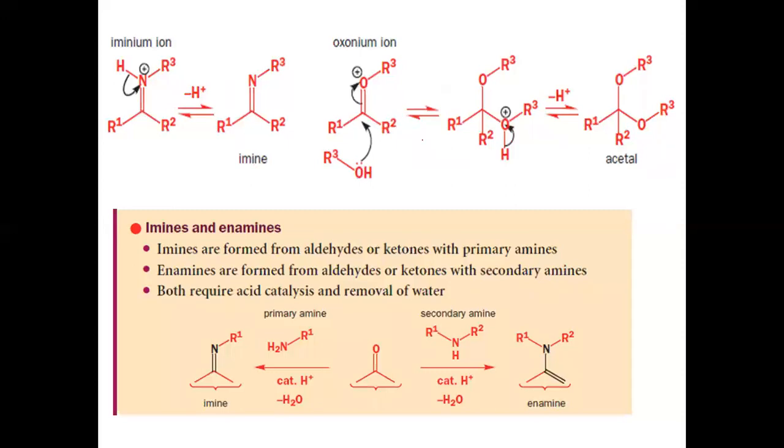In case of the oxonium ion, as we have said, it is behaving as an electrophile. This carbonyl carbon behaves as an electrophile because in order to neutralize this O plus, the positive charge on the oxygen, this pi electron will shift, and this particular pair of electrons will attack here. So it behaves as an electrophile, and thus it ultimately gives you the acetal.